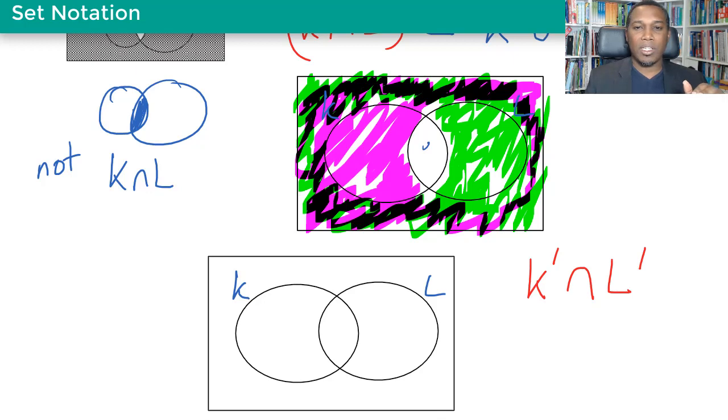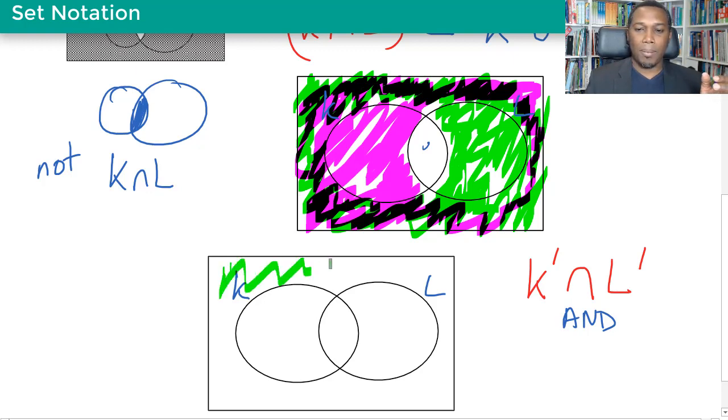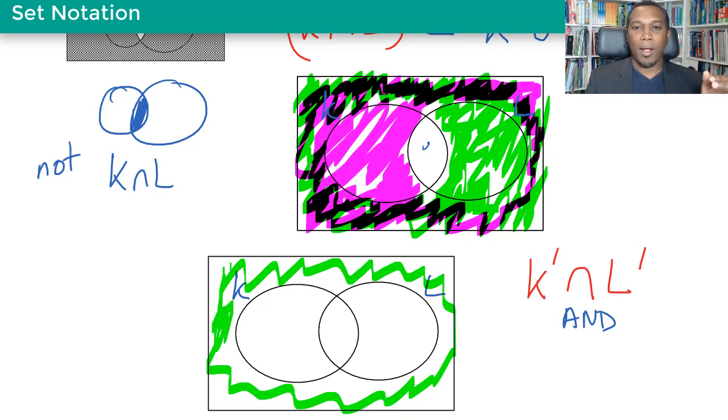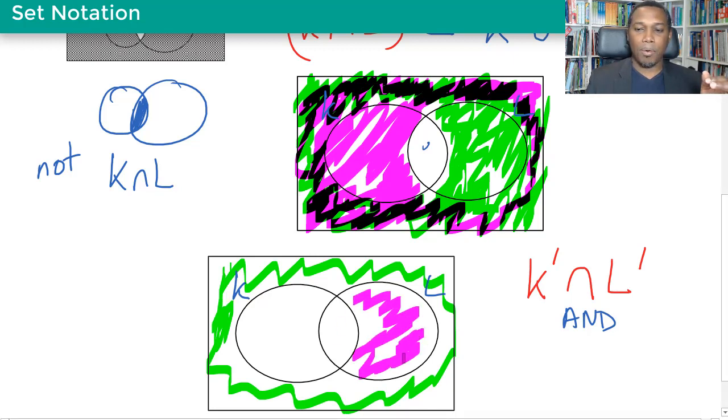This means, remember, intersection means and, and why I asked you not to shade it is because you're going to have to rub off. But the way I would do it, look at what I'm going to do here digitally, is K prime. Well, K prime has this region, everything on the outside. K prime also has this region, a bit of K prime, not in K, is in L. Similarly, all of this is L prime.